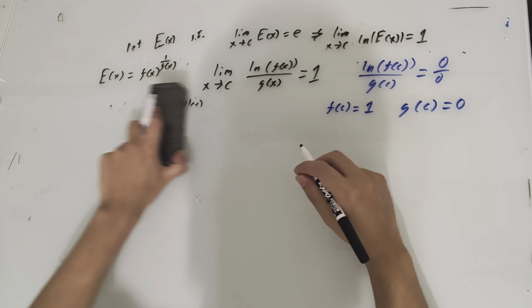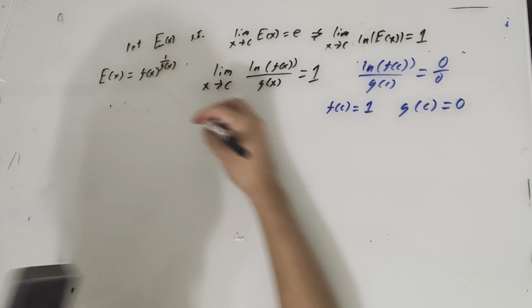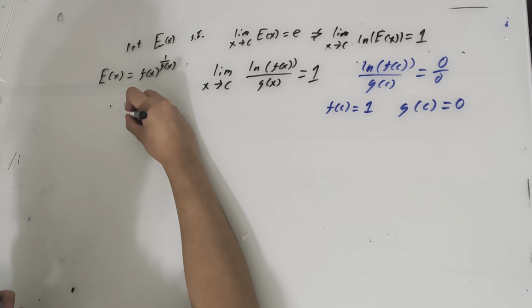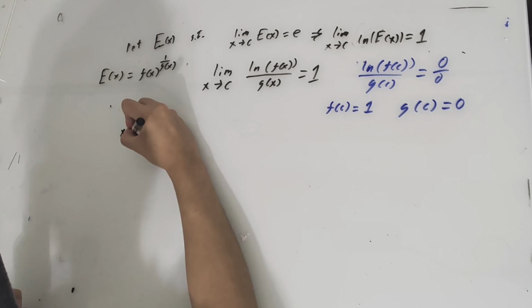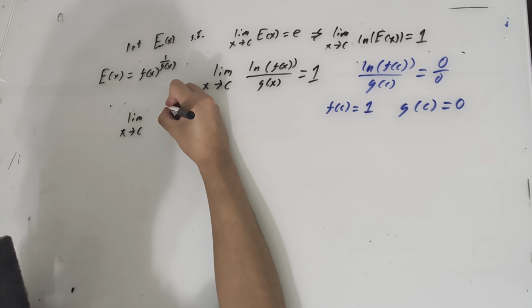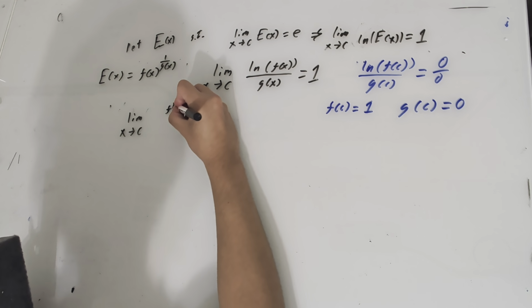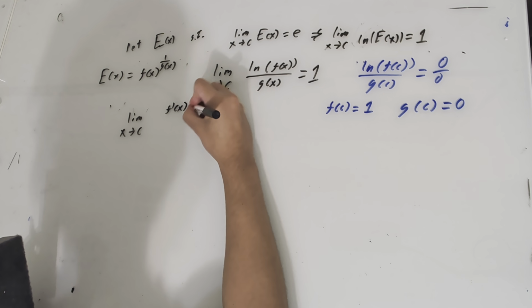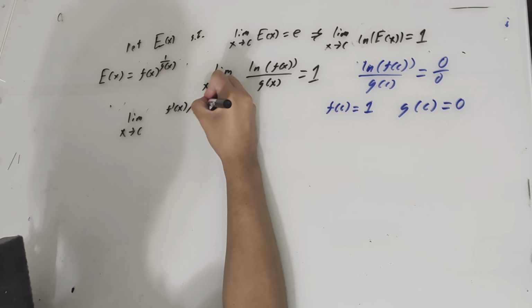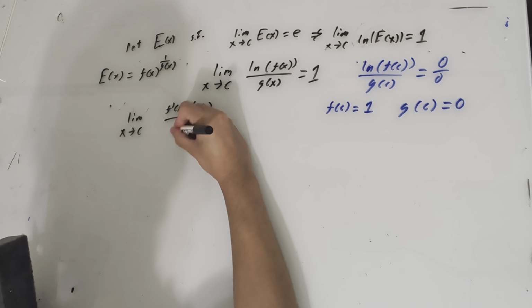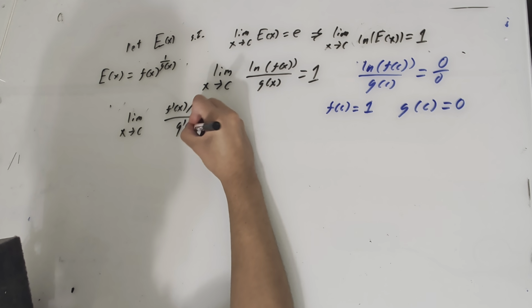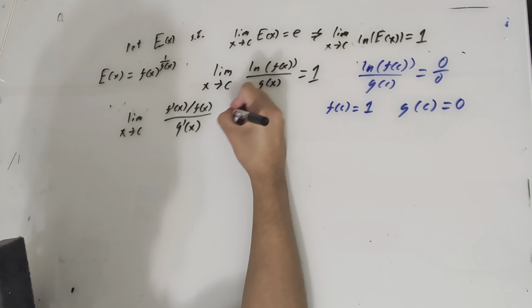So let's use L'Hopital's to say that we have f prime of x over f of x, and then dividing that by g prime of x.